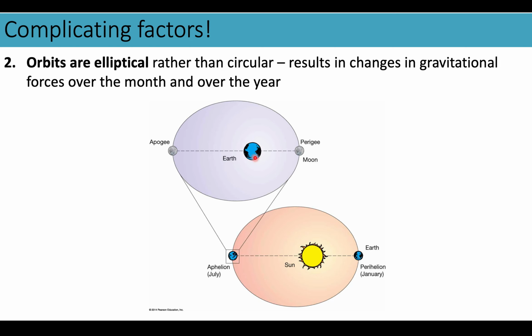When the moon is closer to the Earth versus when it is further from the Earth, and the same thing when the Earth is closer to the sun versus further from the sun. When the objects are closer together, you're going to have more of that gravitational pull, meaning it'll be a stronger tidal influence.